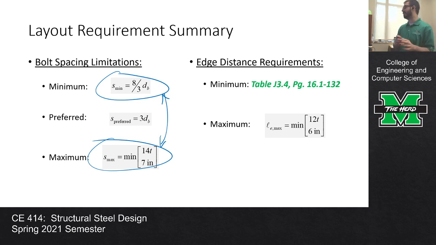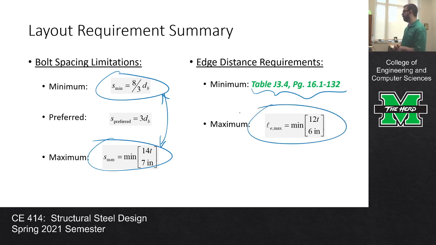As for edge distance requirements, for the minimum there's no pretty formula. We have to look it up in table J3.4. But for the maximum, we can write a formula, and it's just the minimum of 12T or 6 inches. This one assumes unpainted.